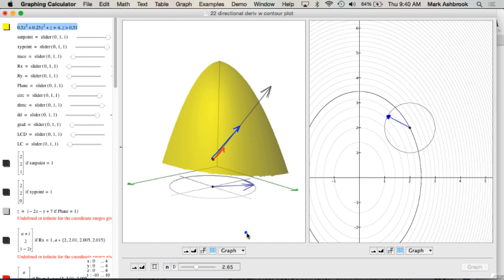So if you were in the direction of -2, 1, and duf were 1/5, could you come up with a tangent vector like we were talking about?